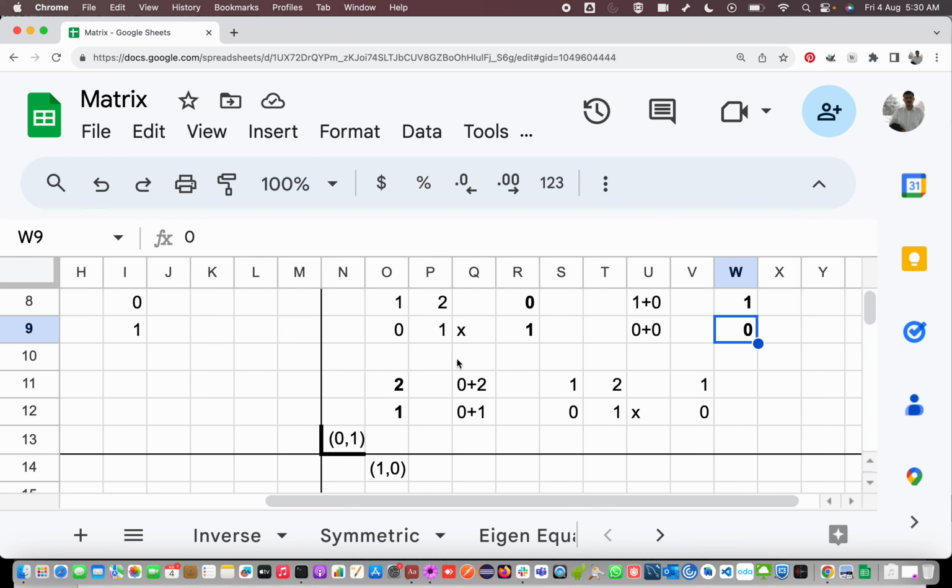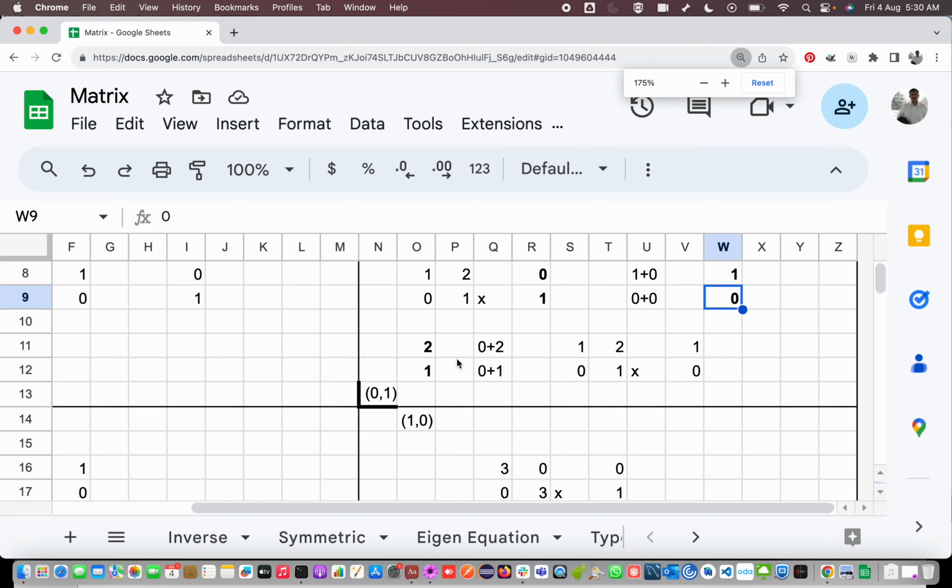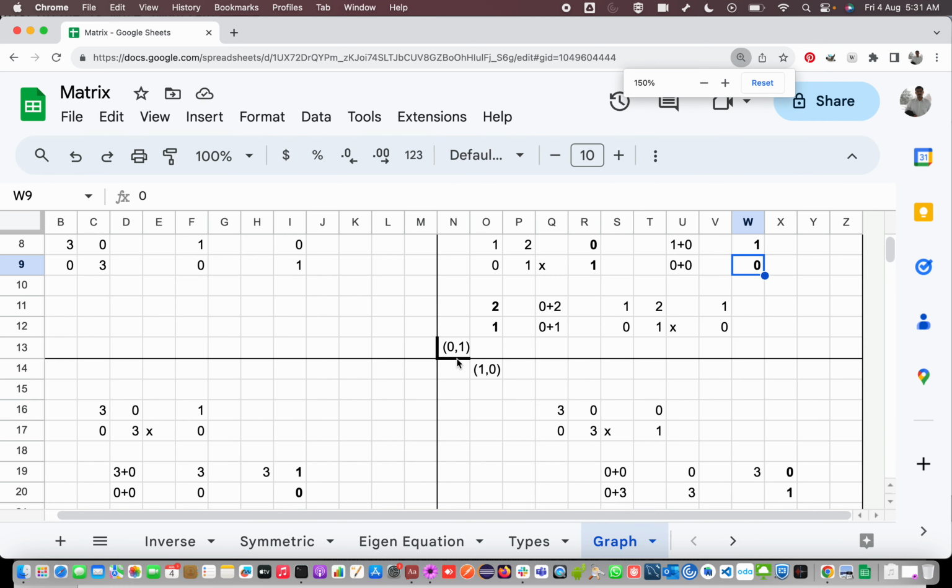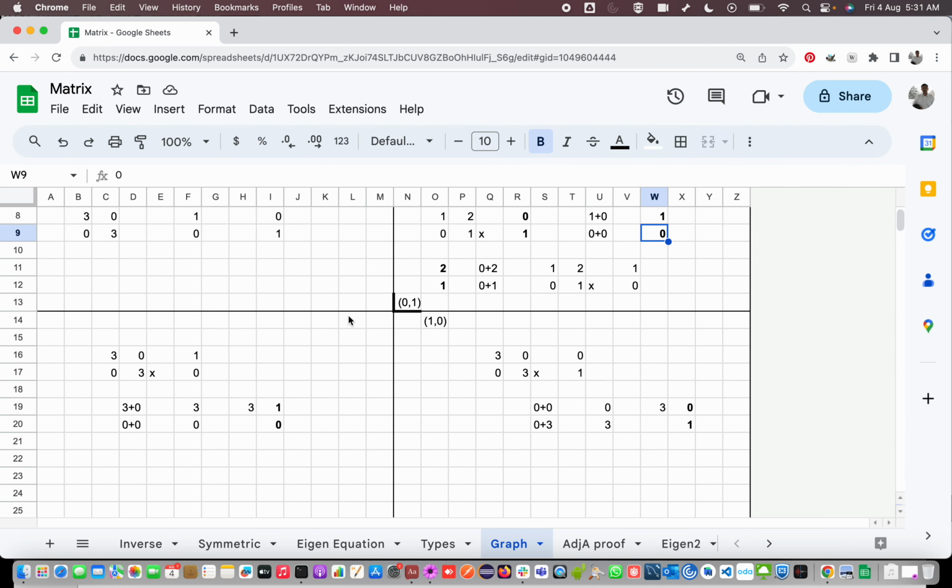So in this video we saw two examples. In example 1, after applying the transformation, both the vectors are eigenvectors. The eigenvalue is 3 for both of them.